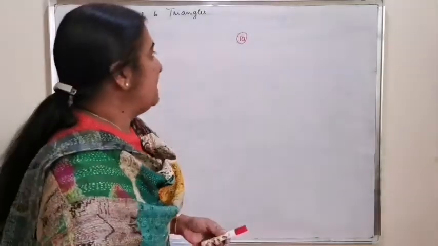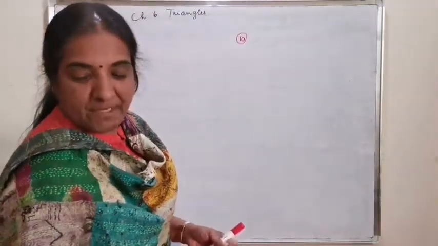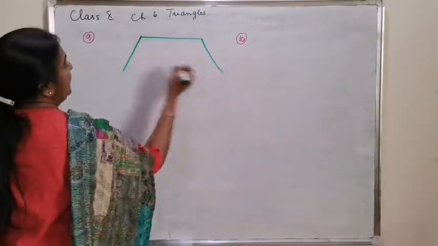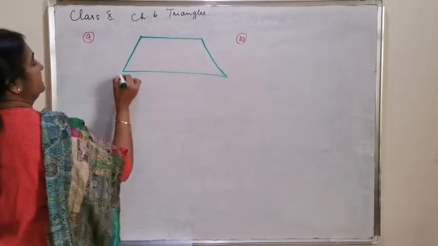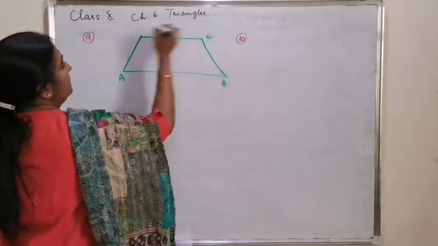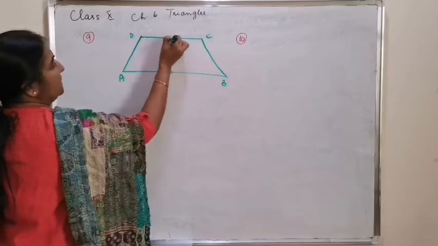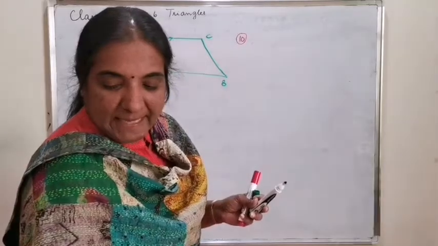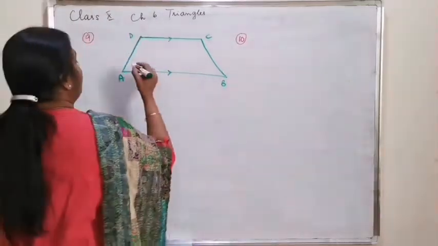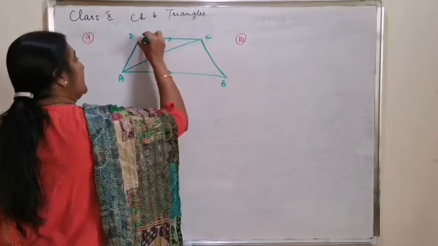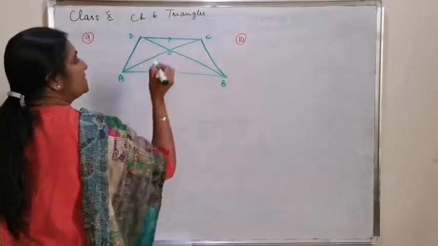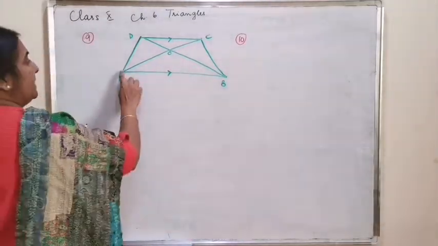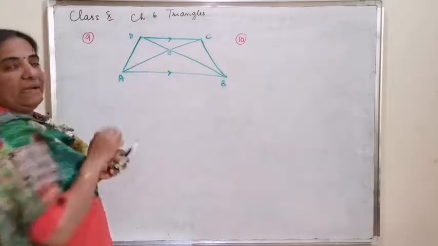Number 9, ABCD is a trapezium in which AB is parallel to CD. The diagonals intersect each other at O. The diagonal AC and diagonal BD intersect at O. What is to prove is AO by BO is equal to CO by DO.